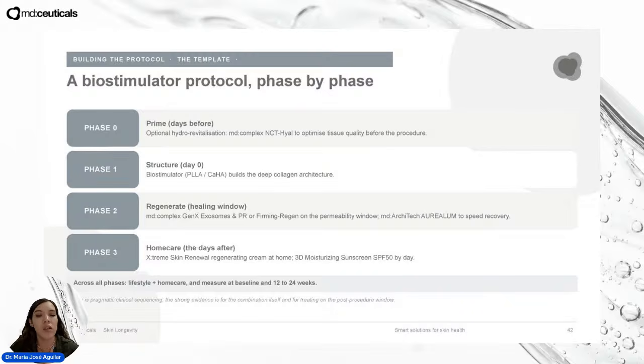One of the two best products to begin or to prepare the skin is going to be the NCT high, that is going to give you energy, and then you can go with exosomes to also make an activation. You can go in the same session, and you're going to be sure that you are going to have energy and activation. Then you can perform your treatment.